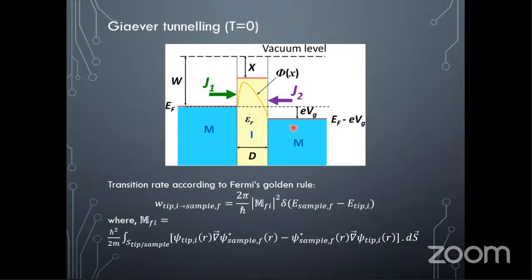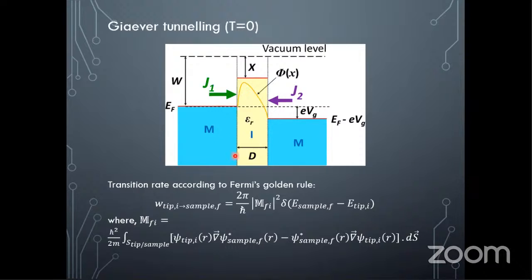So what is done is that one can vary the bias of the potential between the sample and the tip, and in that way vary the Fermi energy of one of the materials, and then check how much tunneling is happening.